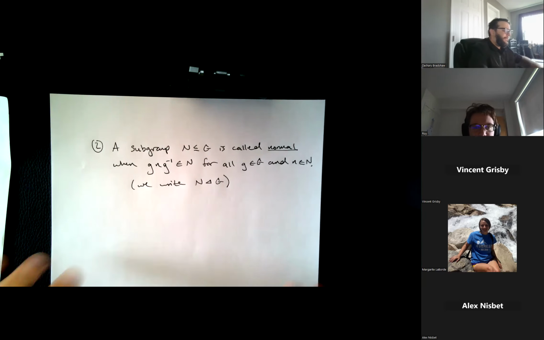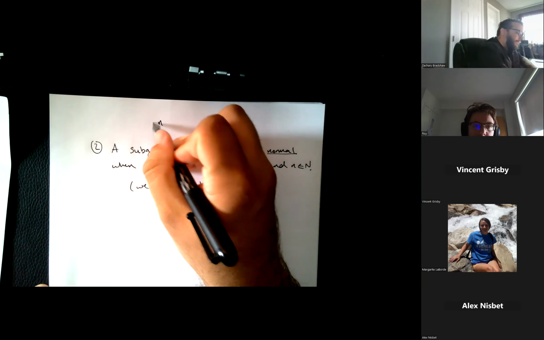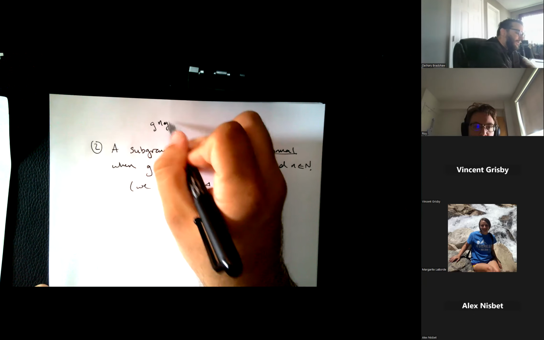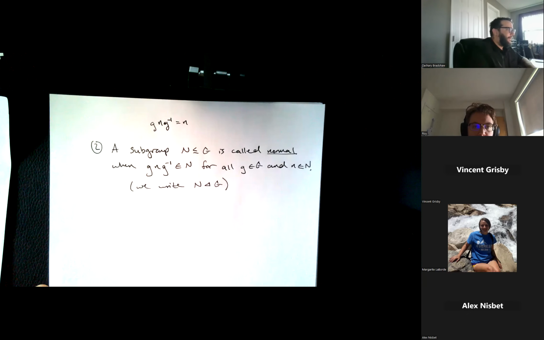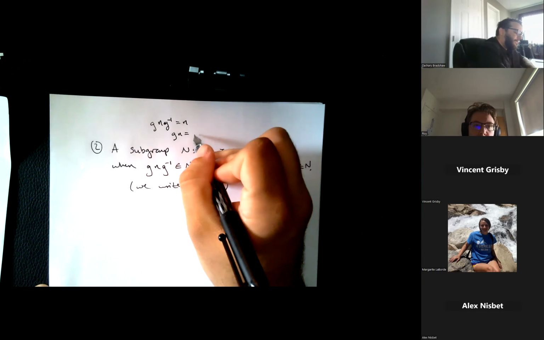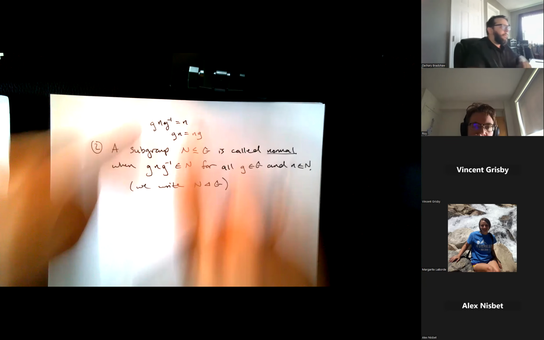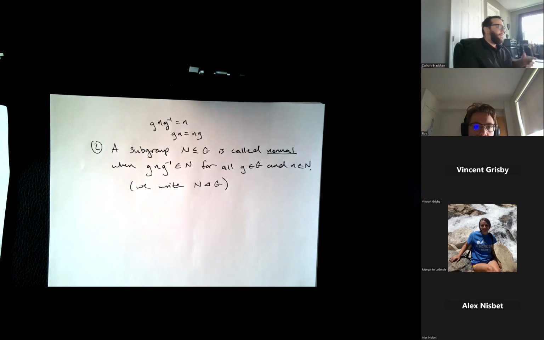So notice that this is not the same thing as the stronger condition that g n g inverse is equal to n, because that is just commutativity. So a group that is commutative is normal, or a subgroup that's commutative is, well, that's not quite right either, because we're conjugating by elements of G. Yeah.